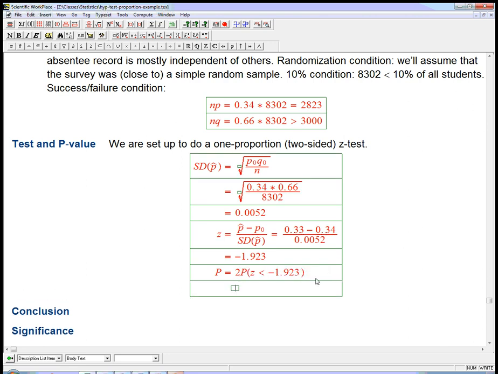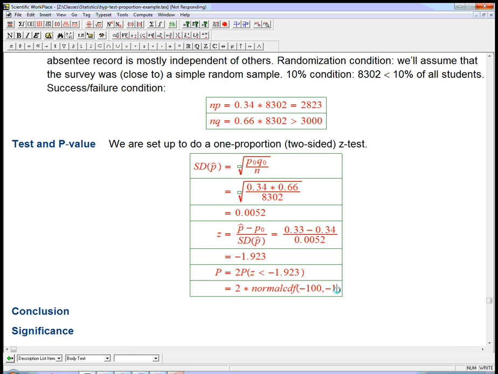I went ahead and used the calculator, normal CDF. Let me write it down. It's 2 times normal CDF of, I did minus 100, just some big negative number, to minus 1.923, and then 0 and 1.